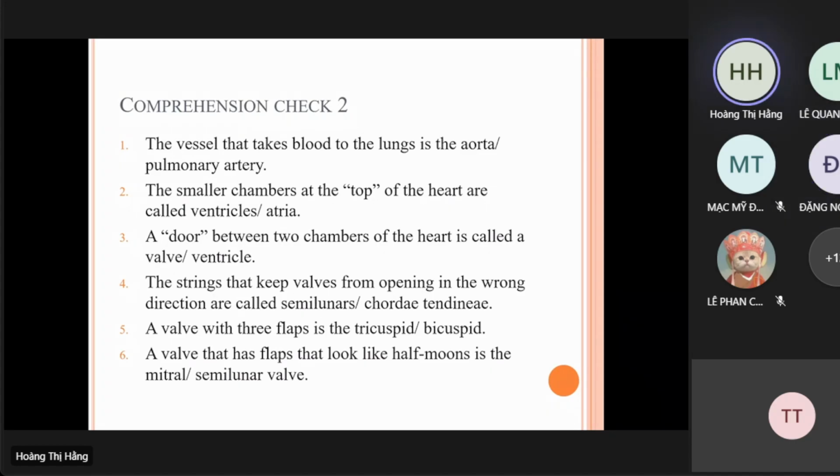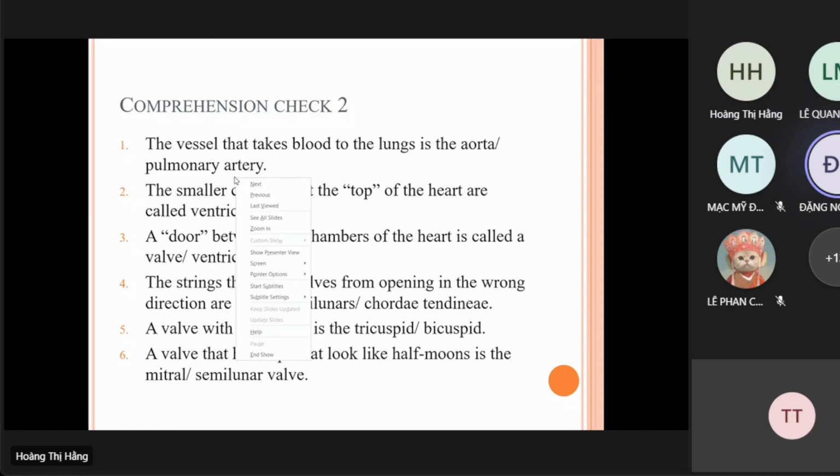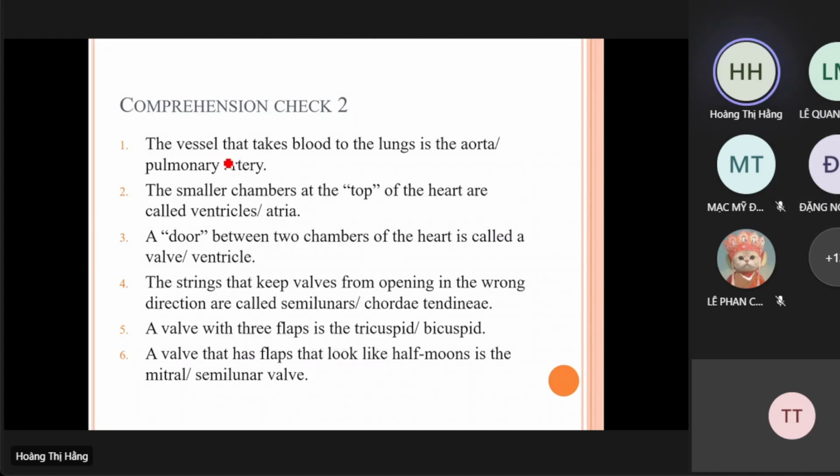The smaller chamber on the top, atria. Good. Number 3, Veins. Sorry, again please. Valve. Right. Number 4 is Chordae tendineae. Yes.